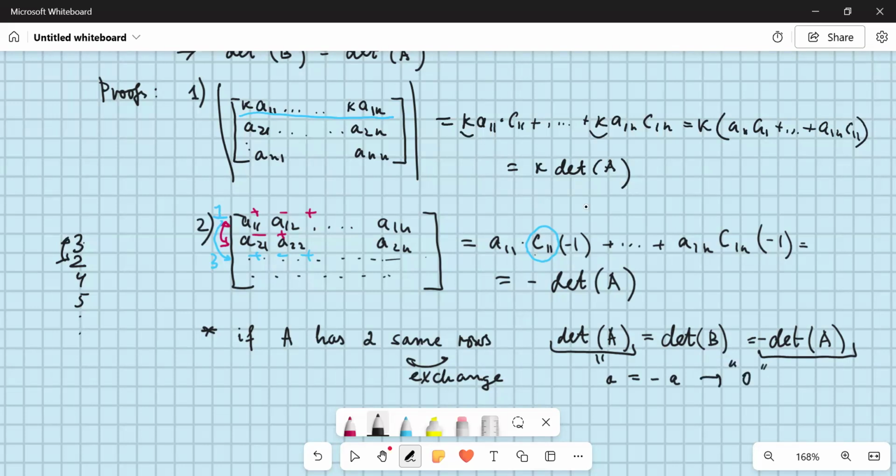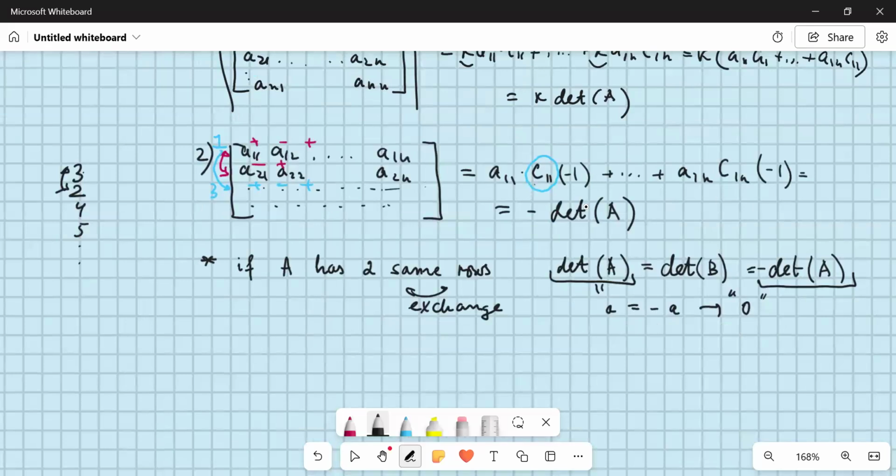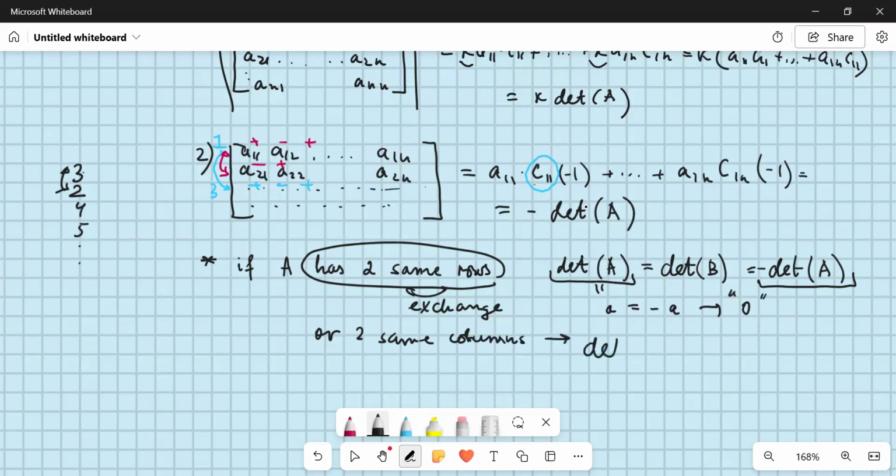Like 1 is not equal to minus 1. 0 is equal to minus 0. So, important conclusion: if a matrix has two same rows or two same columns, the determinant of that matrix is equal to 0. Same as the determinant with a 0 column.